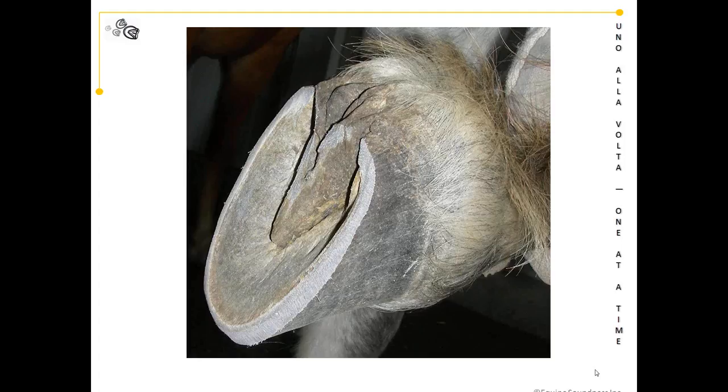I put this picture in here to give you another visual of the concavity of a hoof. This is a naturally worn concavity. This pony always has this kind of concavity. The only thing I do once in a while is take the wall down, because otherwise he walks on stilts.